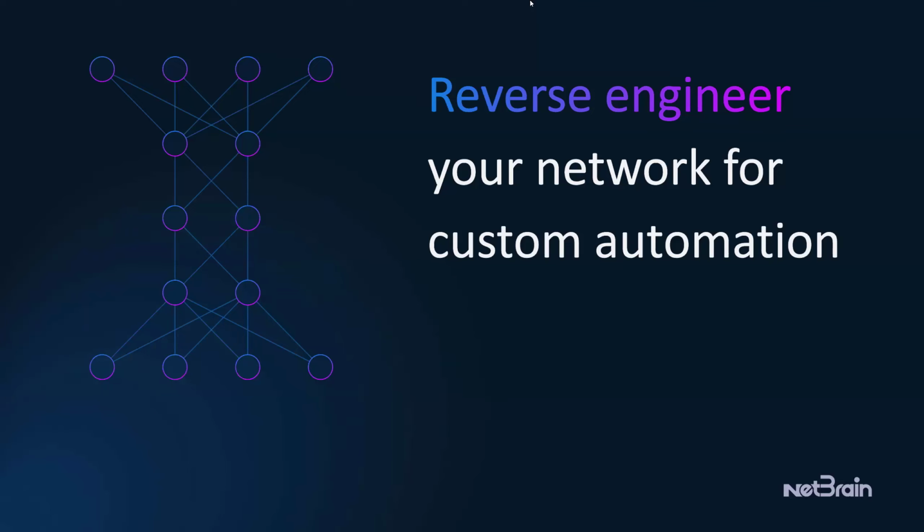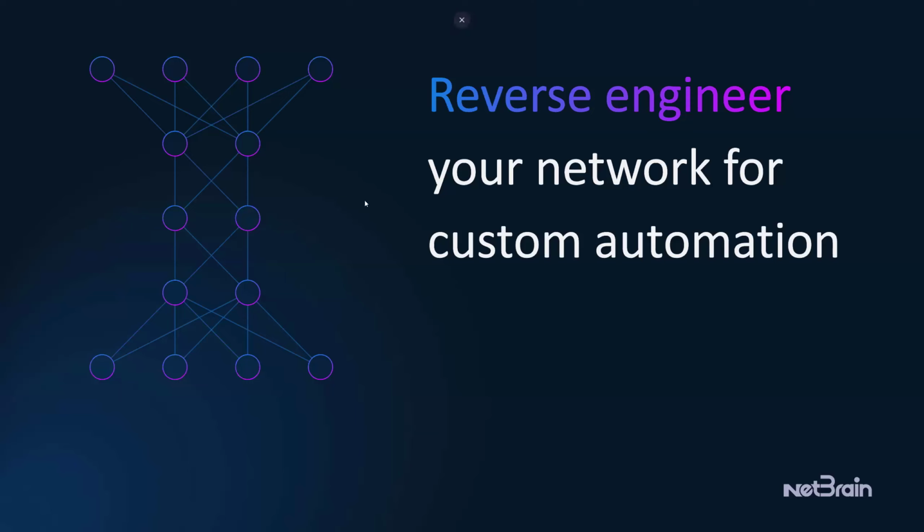Now, if you don't have 100% knowledge of your own network, working with NetBrain to create automation will be less effective, because NetBrain is going to automate your know-hows, your knowledge, and then convert that into daily automation tasks. But if your knowledge is not 100%, we have a gap. Now, keeping that in mind, what we started to do is reverse engineer your network know-hows.